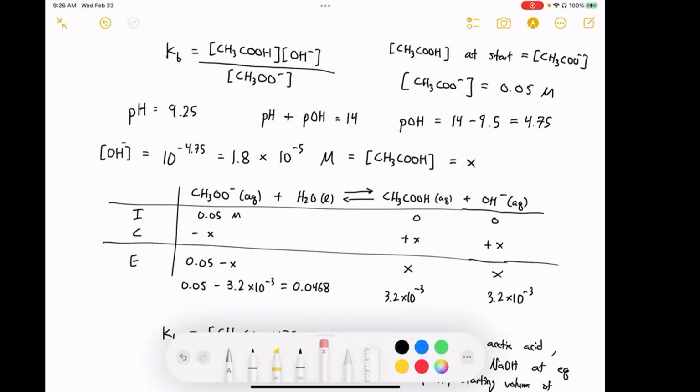So we're going to do something like this. 1.8 times 10 to the negative 5th, and then we have 1.8 times 10 to the negative 5th, and here is 1.8 as well.